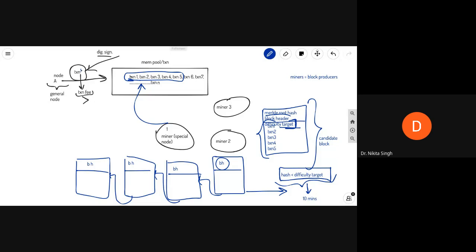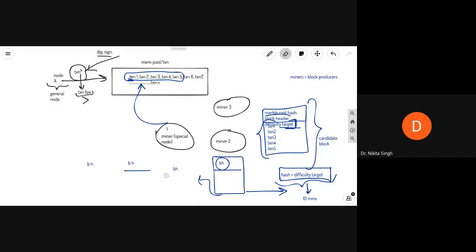So what I'm saying here is that you take your Merkle root hash, you will take the block header of the previous block, because you are chaining your block to this block, because you need to form a chain.